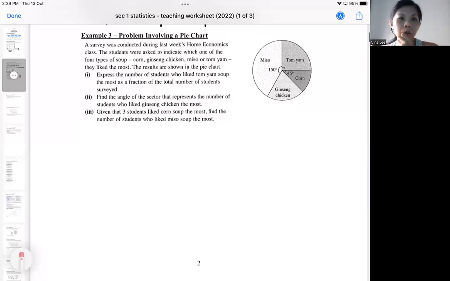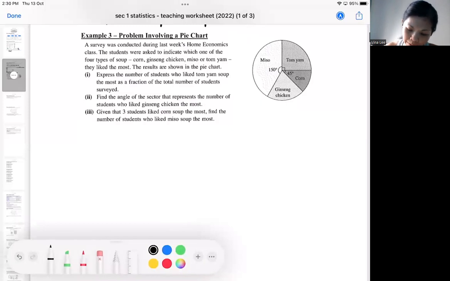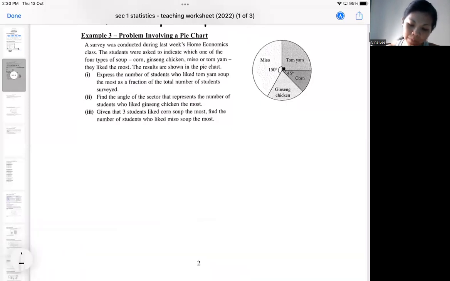Okay, so the total will be 360 degrees, of course, because the angle at a point is 360. For part 1, we're supposed to express the number who like Tom Yum soup. The students who like Tom Yum soup are represented by 90 degrees.